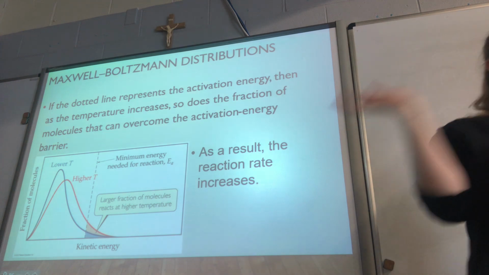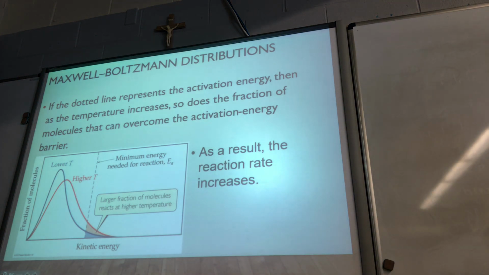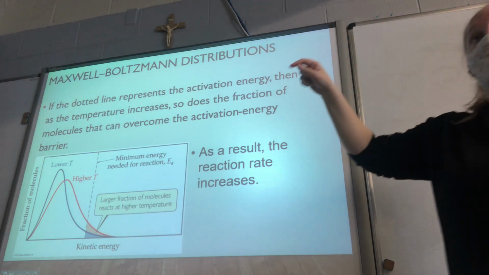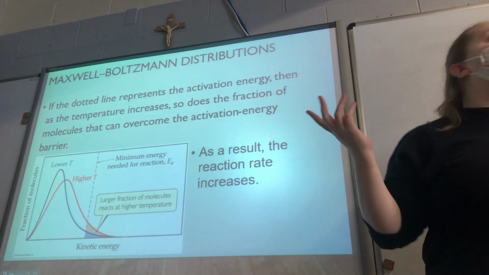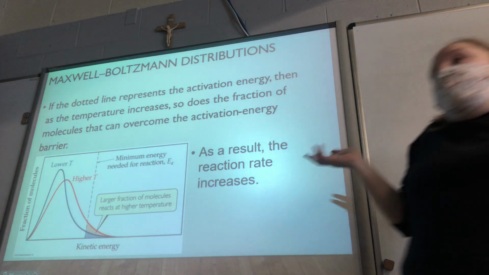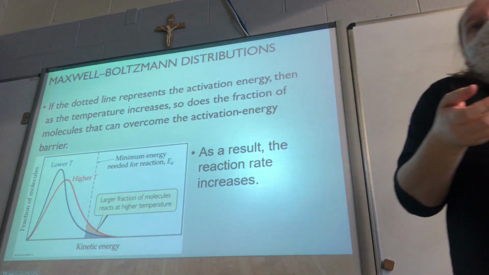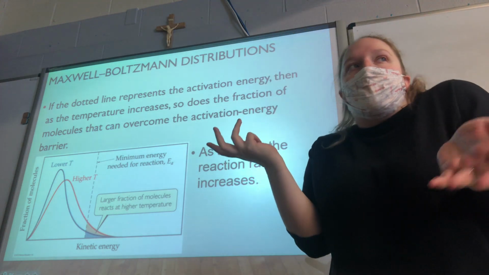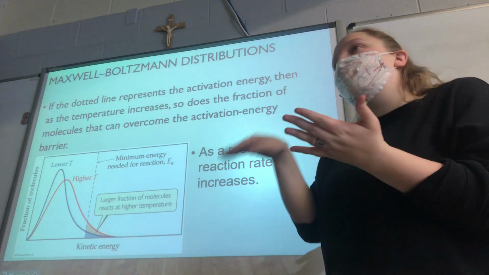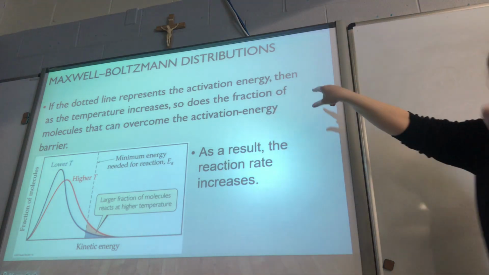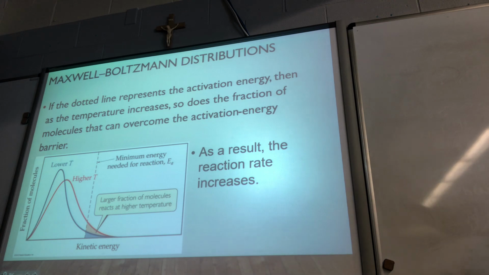We said at the very beginning of this chapter that one of the major factors that affects the rate of a reaction is the temperature of the molecules that are being reacted together. And we said, well, it makes sense because all the molecules speed up, and since the molecules are moving faster, the reaction should move faster. In reality, what we're seeing is as we increase temperature, the rate of collisions increases.